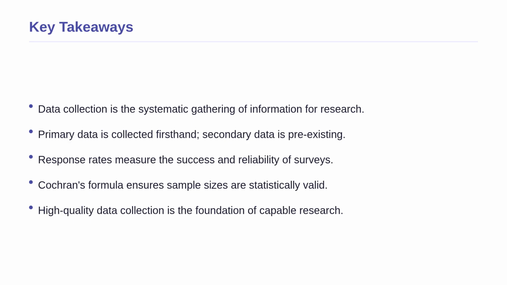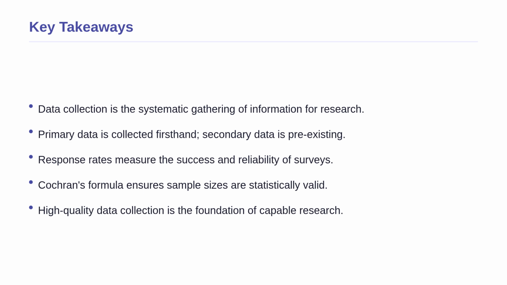We have covered a lot of ground today, so let us reinforce the most important ideas. First, data collection is the essential, systematic process of gathering raw information to answer complex questions. We learned that primary data involves fresh, first-hand gathering, while secondary data relies on historical or pre-existing archives.